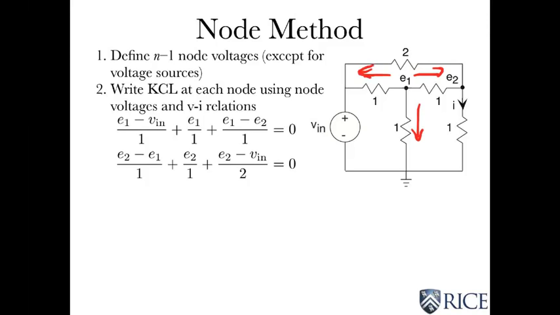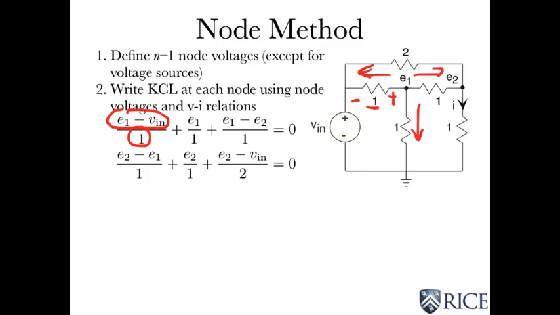Now the current going that way means plus to minus that way. And so that is E1 minus Vn, that voltage, divided by 1, which is the resistance. So that's what I mean by using the VI relations at the same time. So the west going current is E1 minus Vn over 1. The south going current is simply E1 over 1.